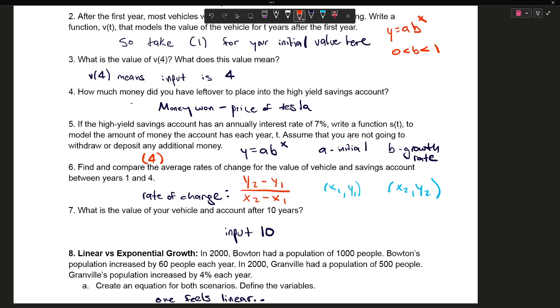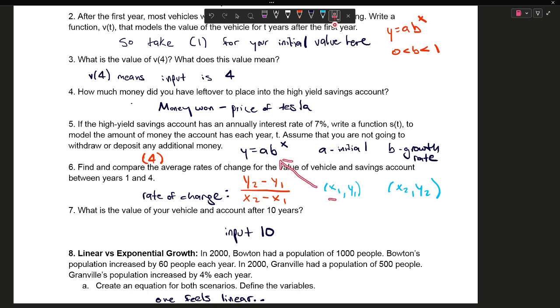Number 6, saying compare the average rates of change. Keep in mind, this is something that I feel like all of my classes are struggling with right now. Rate of change is (y2 − y1) over (x2 − x1). And just to describe it one more time, we're going from 1 to 4, right? So that means x1 is 1 right here. So you plug in 1 into your equation.